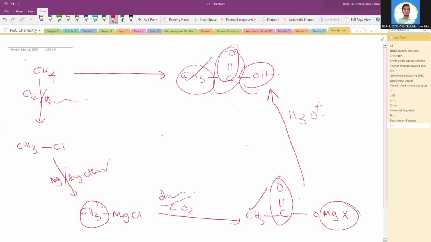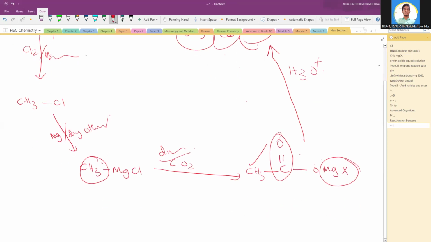Sometimes if you have prepared the alcohol, we can use PCC to convert it to a ketone. And then from the ketone, we can do some other things, right? So we will try to implement everything we have studied in conversions. Now I will give you some questions. You can try them. And there will be a lot of conversion tutorials on YouTube also.